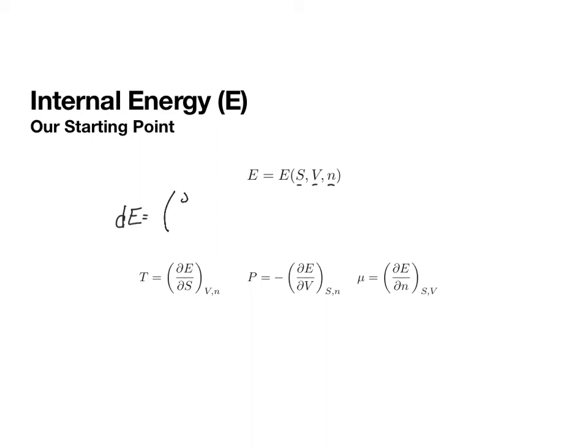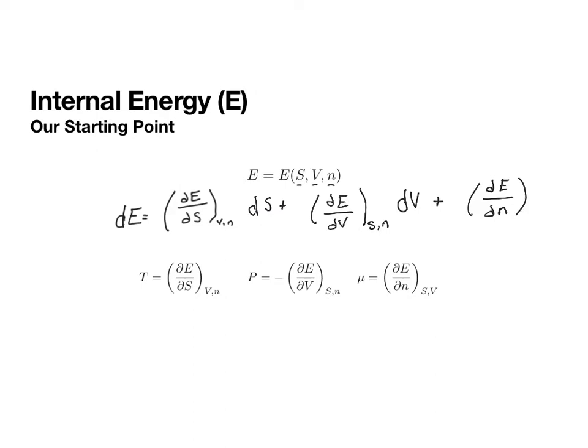And so that becomes the partial of E with respect to S, holding V and N constant, dS, plus the partial of E with respect to V, holding S and N constant, dV, plus the partial of the energy with respect to N, holding S and V constant, dN. And this is what we call the total differential.